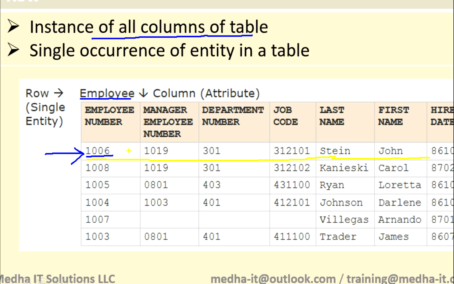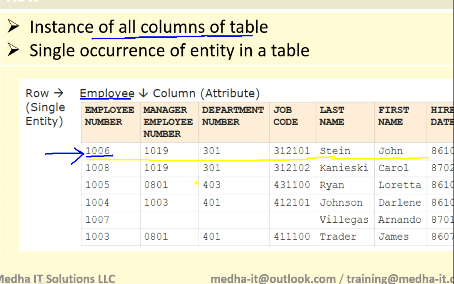That means the combination of all these columns will not be repeated in this table. That is in relational terms. In relational database terms, one instance of a row, or one instance of all the columns, will occur only once. There will be a single occurrence of an entity in a table.